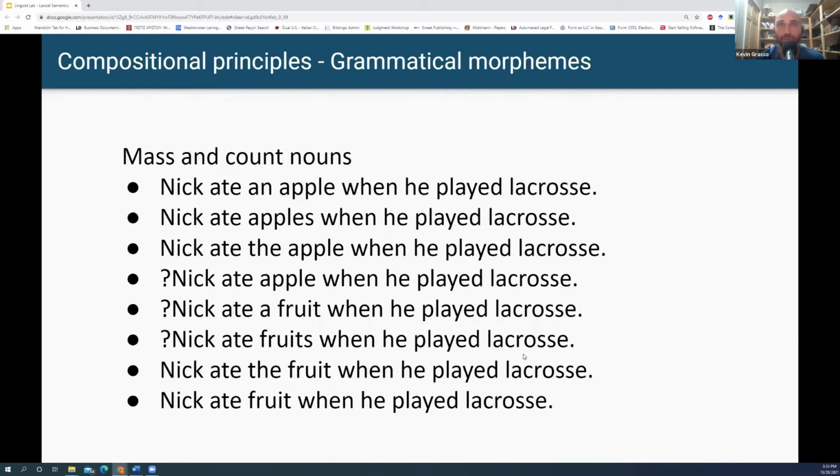Nick ate apples when he played lacrosse. That is normally habitual, right? So just notice here that nothing changed between these two sentences, except for an apple versus apples. And in one case, the verb is interpreted habitually. In the other case, it's not, right?